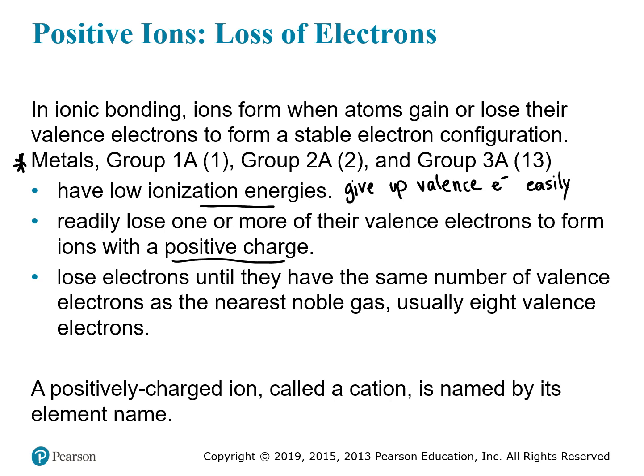The other trend that we talked about is the number of valence electrons that a metal has. So the group number is equal to the number of valence electrons. But that's only for the representative elements.